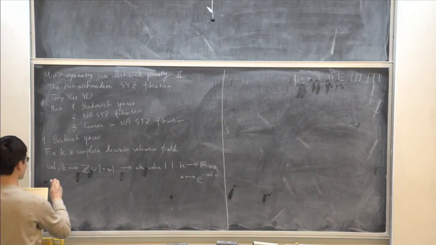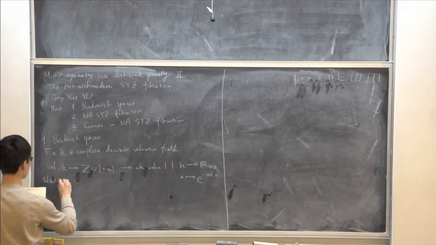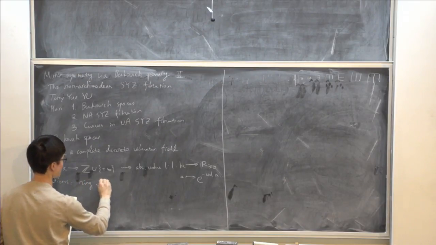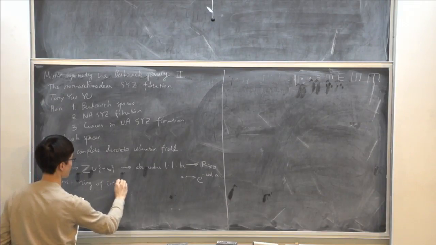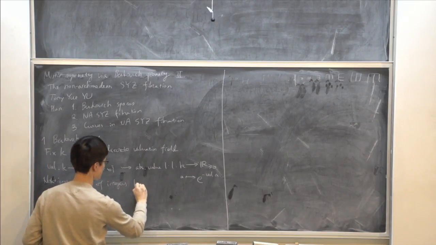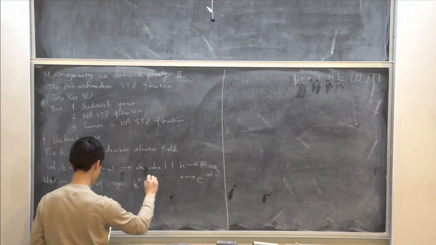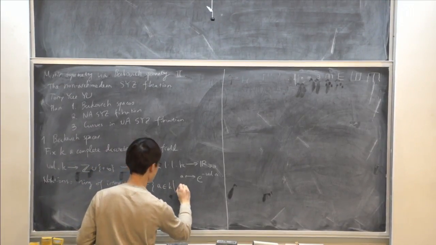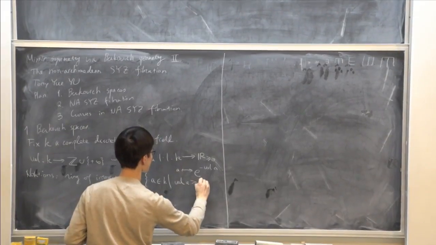Okay, so let me introduce some notation. The ring of integers, which we denote by K0, consists of elements A in K whose valuation is greater or equal to 0.